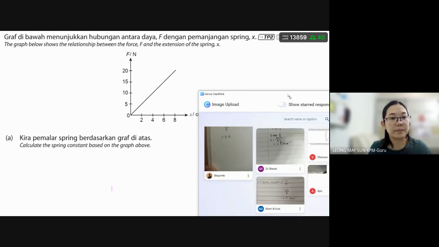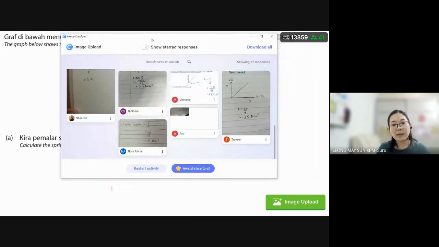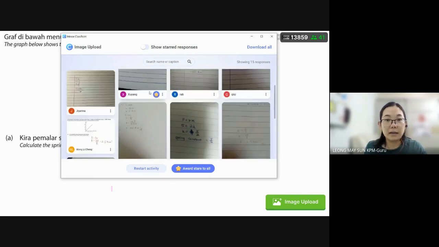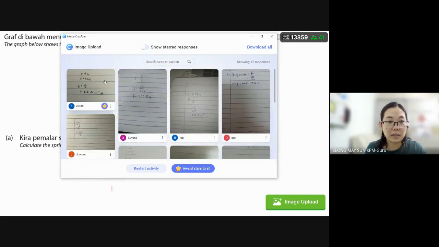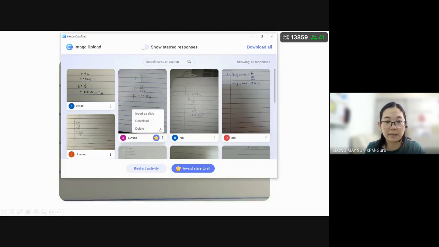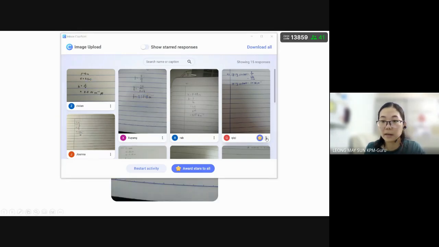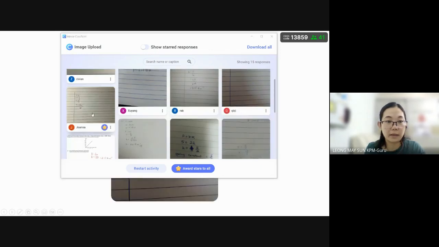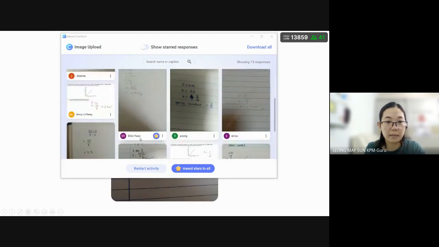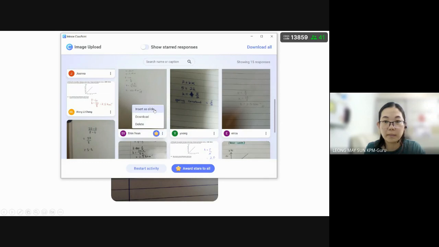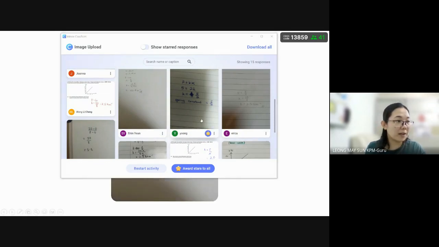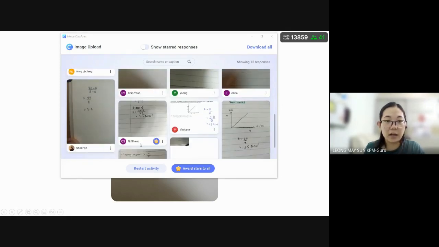All right, so from all this working that I can see, I'm just going to randomly pick a few and insert them into the slides. I'm not going to pick Hua Yong's one because I already mentioned that the answer cannot be in fraction, so definitely cannot.